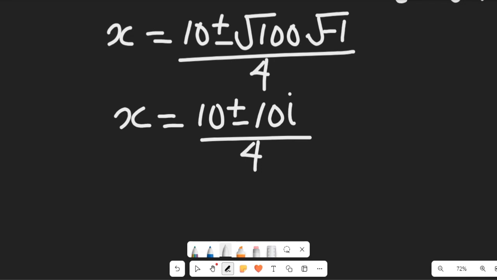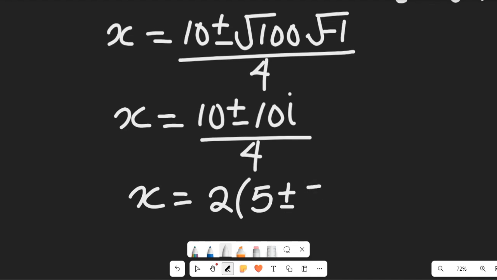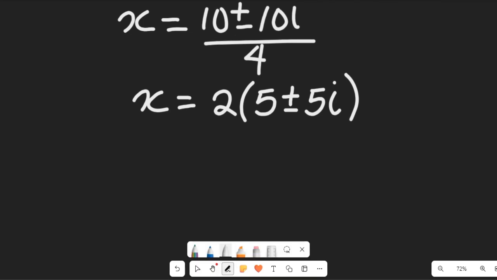Great. Now let's simplify that. 2 is common, so we take out 2: 2 multiplied by 5 gives 10, plus or minus 5j, all divided by 4.